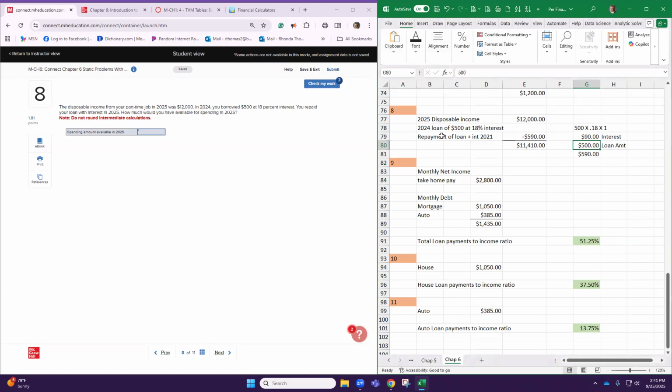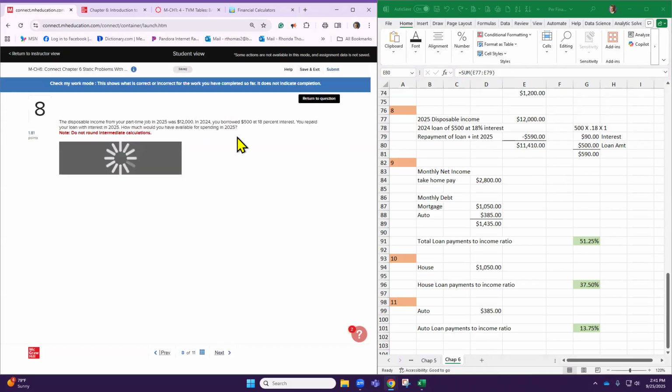So here it is, the repayment of the loan plus interest in 2025 leaves us with $11,410. So they're treating debt like something that has to be paid first, which it should be. It should be paid first before you start spending money.